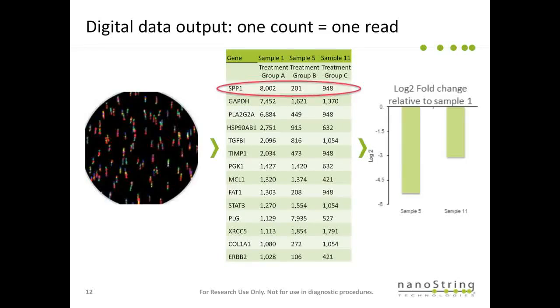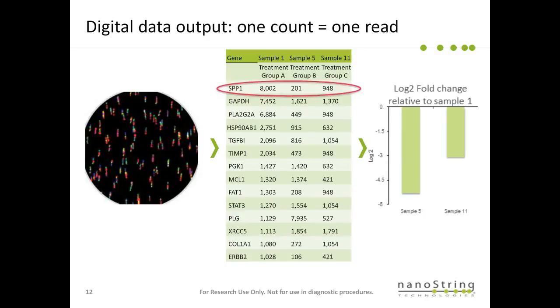For each assay, the capacity is about 2 million counts. So all the genes that you include in the code set, which is up to 800 different targets, will share about 2 million counts. The next page shows you the output of the data from our system. As you can see here, for the gene called SPP1, in group A there are 8,000 counts.